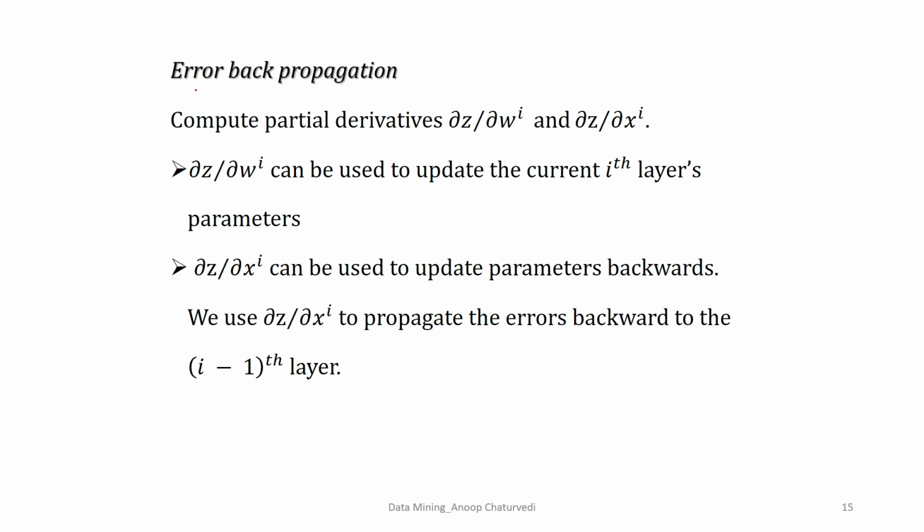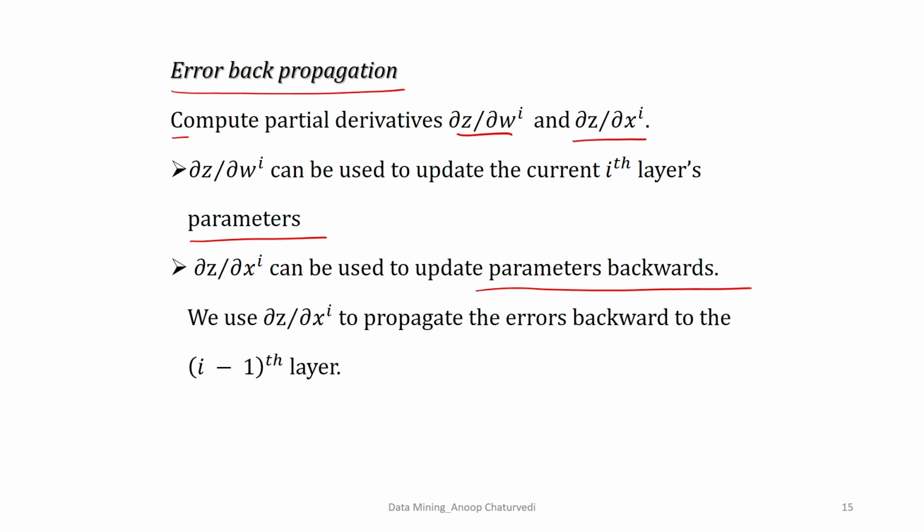Then in error back propagation, we compute the partial derivatives del Z over del Wi, and we also compute del Z over del Xi, just like in the multi-layer perceptron. And then del Z over del Wi can be used to update the current ith layer's parameters, and del Z over del Xi can be used to update parameters backwards.